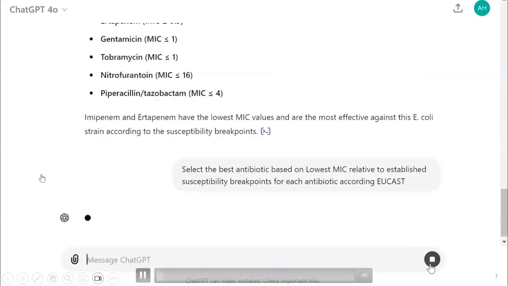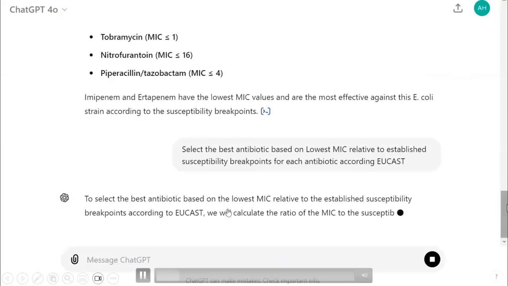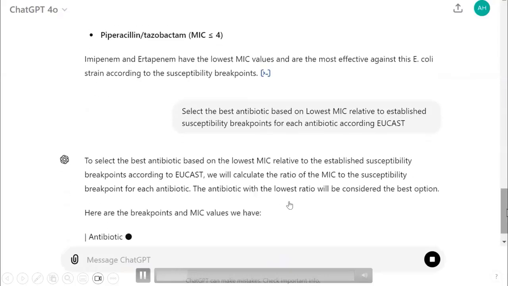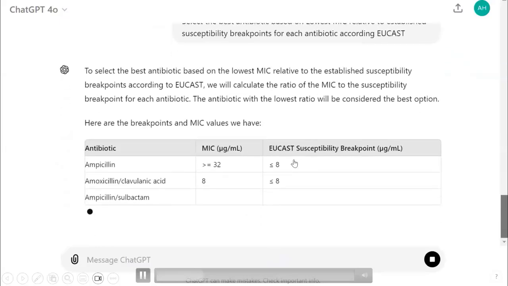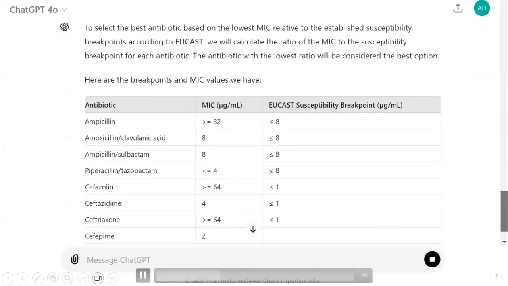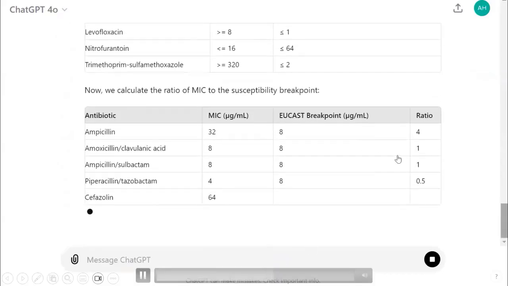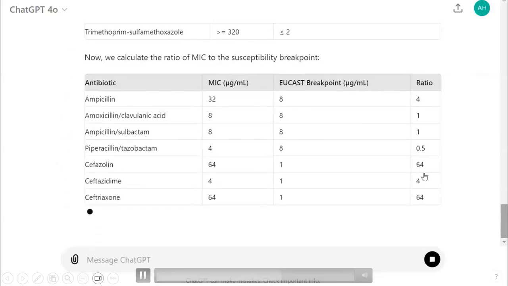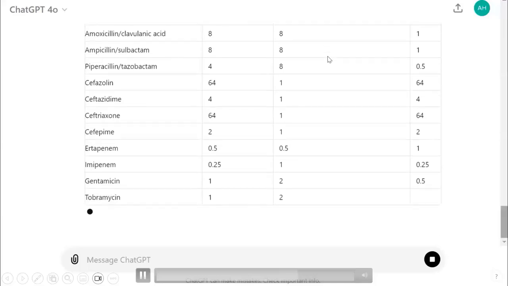Then we post this again, and ChatGPT started analyzing the MIC according to the breakpoint. This is the EUCAST breakpoint, and this is the MIC of the antibiotics. Then ChatGPT calculated what's called the ratio to see the lowest ratio of the MIC relative to the breakpoint.